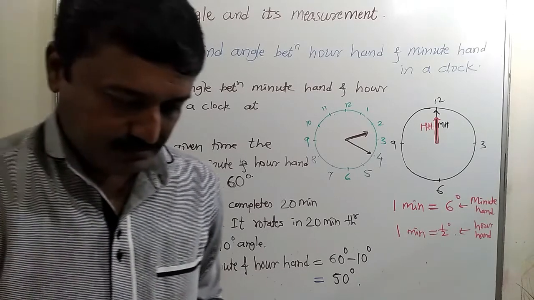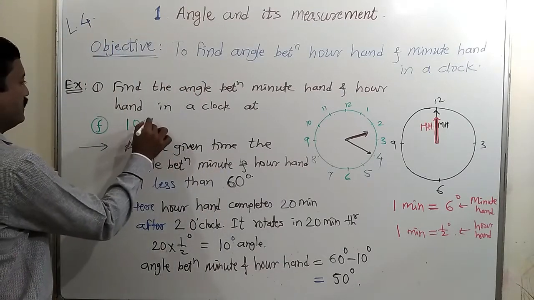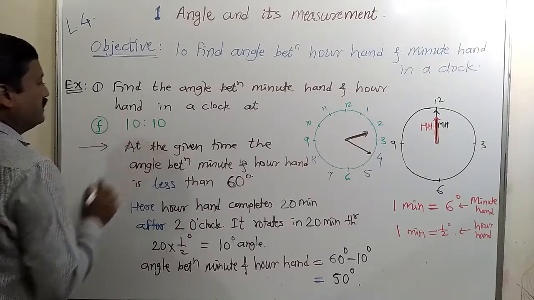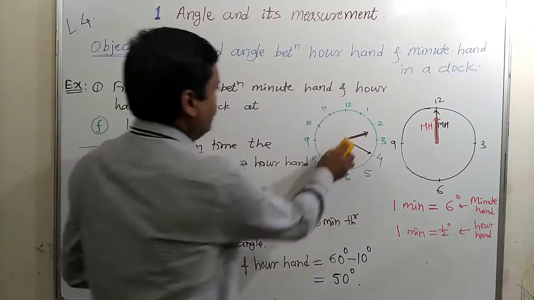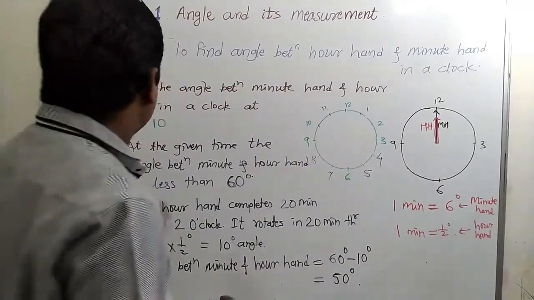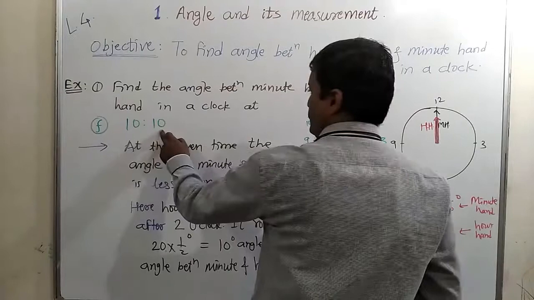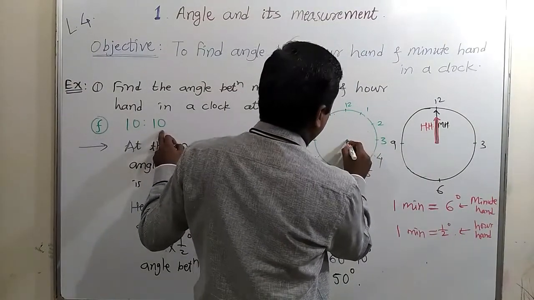Example number F. Time is 10 hour and 10 minutes. At 10:10, we have to find the angle between minute hand and hour hand. At this time, the minute hand covers 10 minutes, means it will be at 2 o'clock.